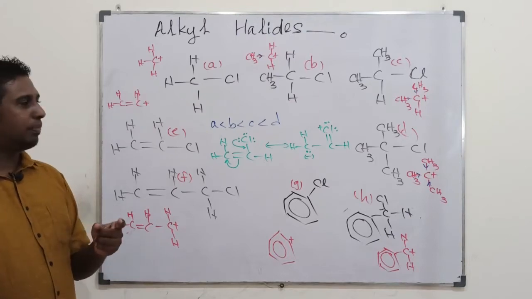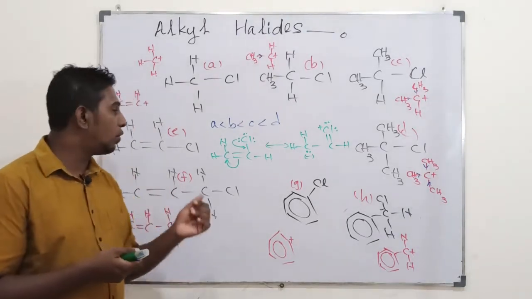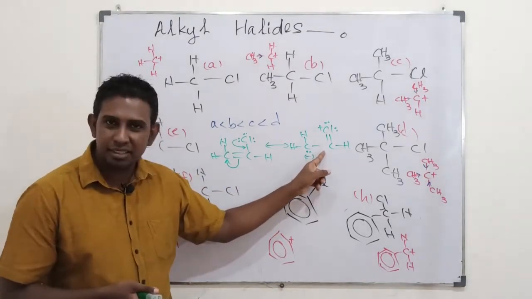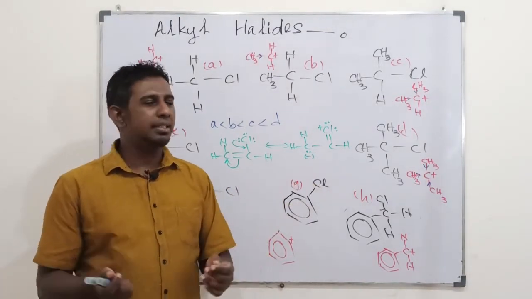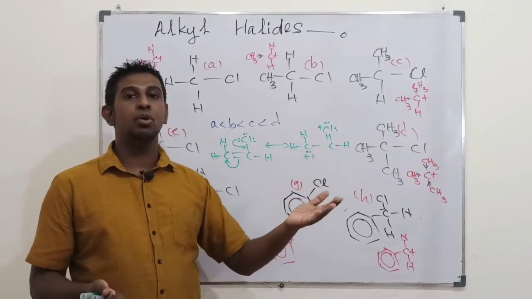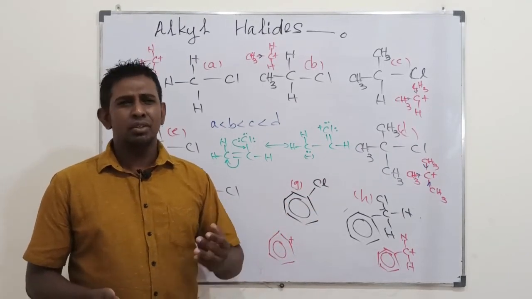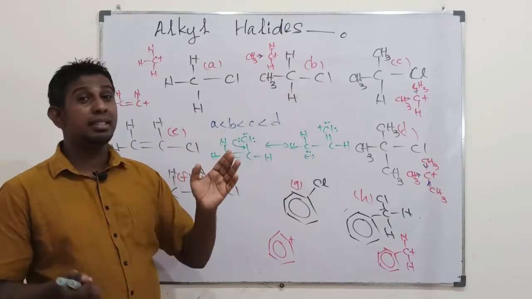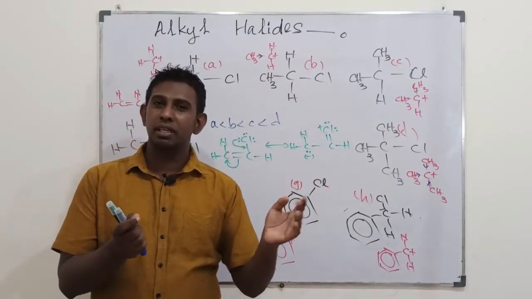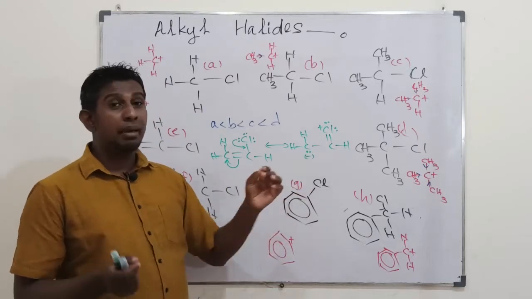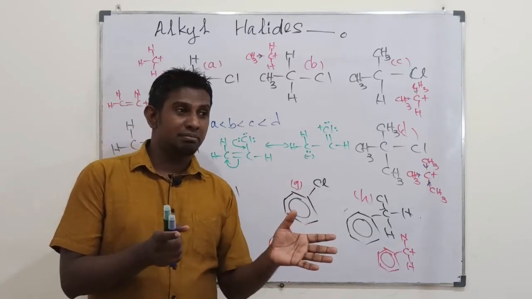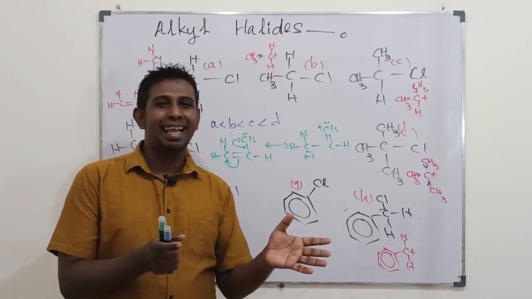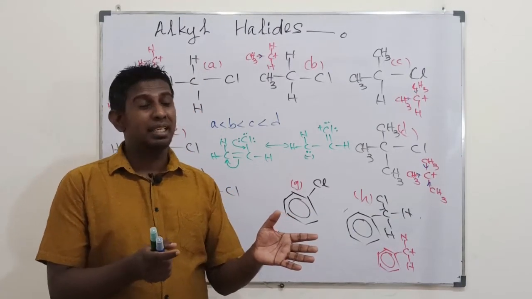It's not only that. If you are thinking of this chlorine leaving, if you check this resonance structure, you could easily see it's having a carbon chlorine double bond. When you consider the leaving of this chlorine, it's just a single bond that has to be broken, but now a double bond has to be broken. Breakage of a double bond is not as easy as breakage of a single bond.